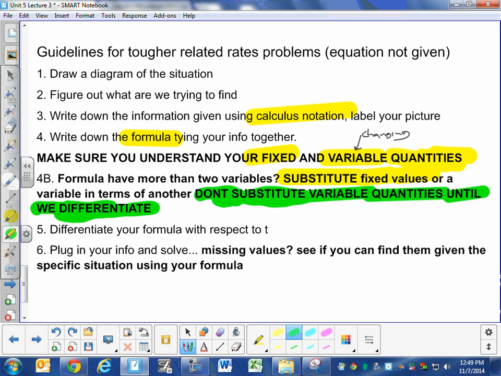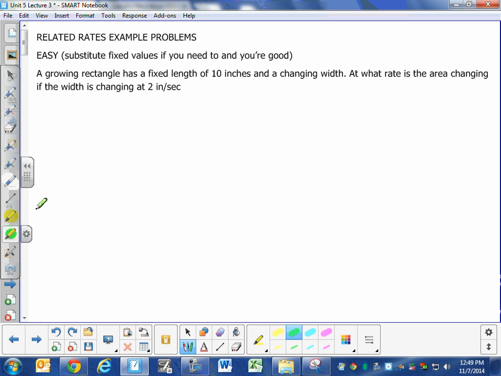All right, so once you start looking at that problem: the growing rectangle has a fixed length of 10 inches and a changing width. At what rate is the area changing if the width is changing at 2 inches per second? Now, there are 2 ways to do this.